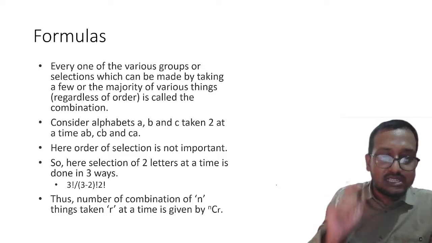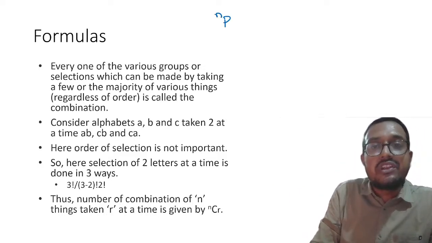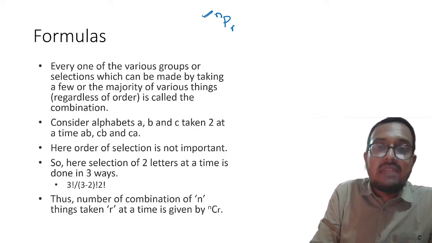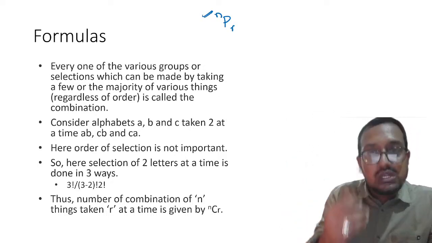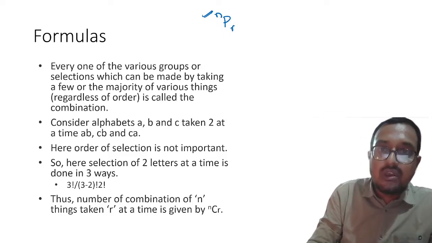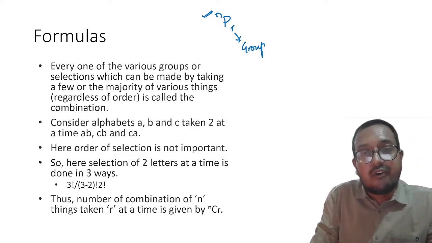Now my dear students, there is a small thing which I want to tell. Usually permutation is written like this, right? N means the total number of options from which you can choose a certain group. Understood? R represents the group which is to be finally formed.